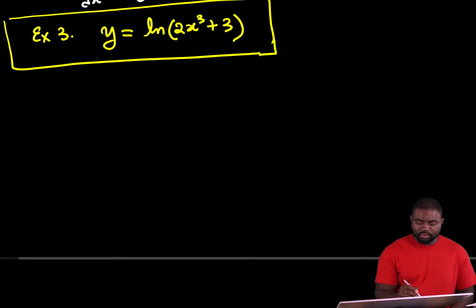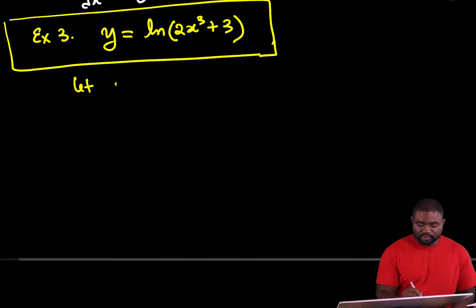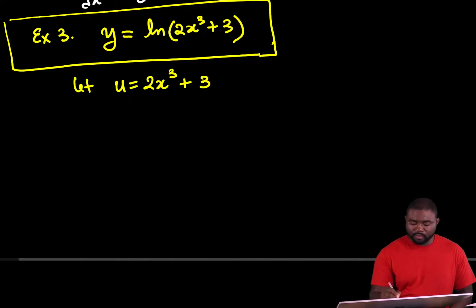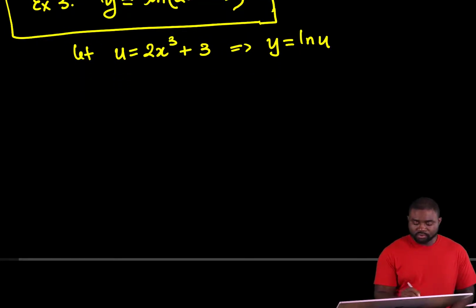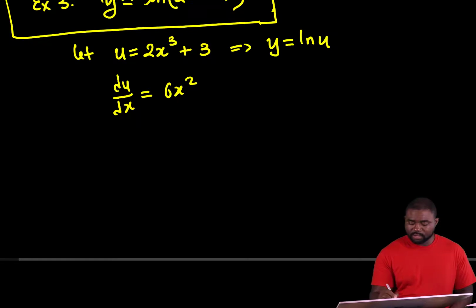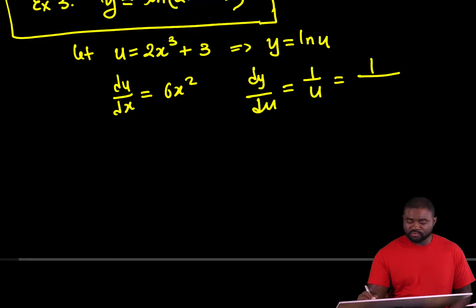So the very first step we need to do is we say that let u be equal to 2x cubed plus 3, which implies that y will be equal to ln u. So du/dx will be equal to 6x squared, and dy/du will be equal to 1 over u, which essentially is 1 all divided by 2x cubed plus 3.